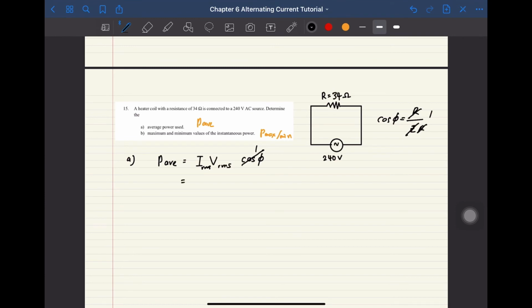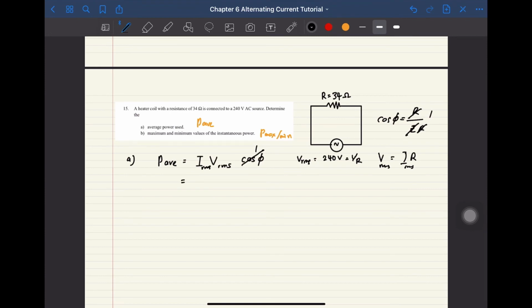I RMS you don't have, so maybe I can use V equals IR. Again, this is because you don't have any component other than R. If you have, then this one would be V RMS, I RMS, Z. So you have to be careful a little bit. Maybe I can write this as V RMS, and this is basically equal to VR as well, because you don't have any other component.